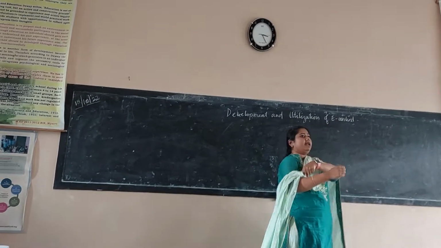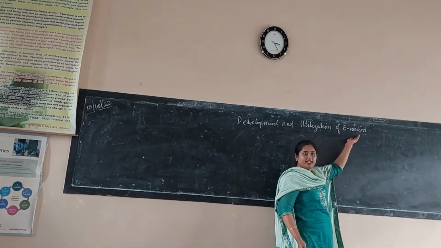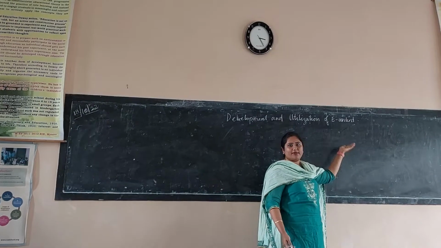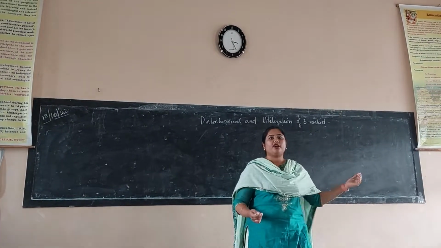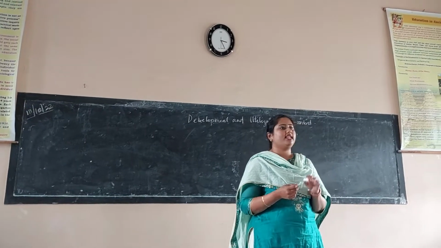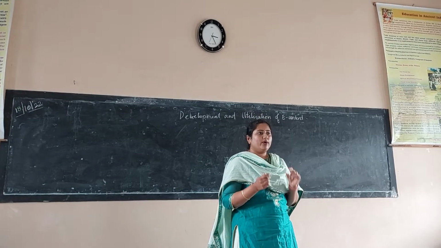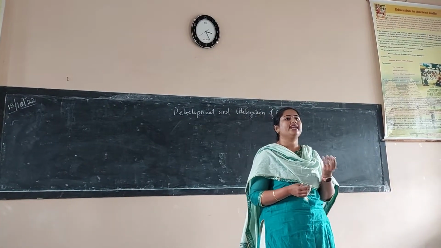So now the word itself is self-explanatory. It is content. Content means materials. E, electronically available content. Electronically available materials. So e-content is all those learning materials that are available digitally, which serve the purpose of fulfilling some learning outcome.